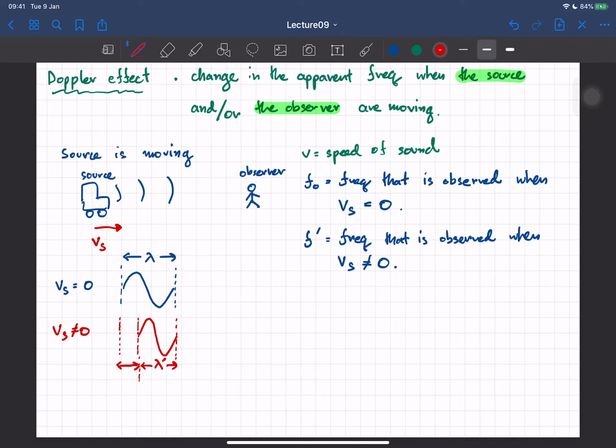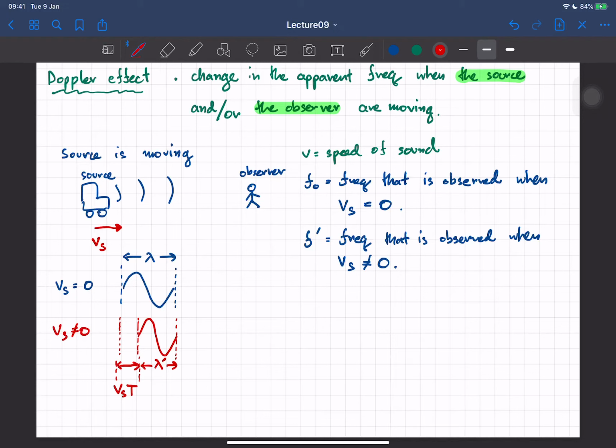And what is this distance here? Well, this distance here is how much the source moves after one cycle of the wave, right? So this one is going to be Vs times some time, big T. Okay, what is big T? Well, how long does it take to give out wave for one cycle? Well, that's the period of the wave, right?